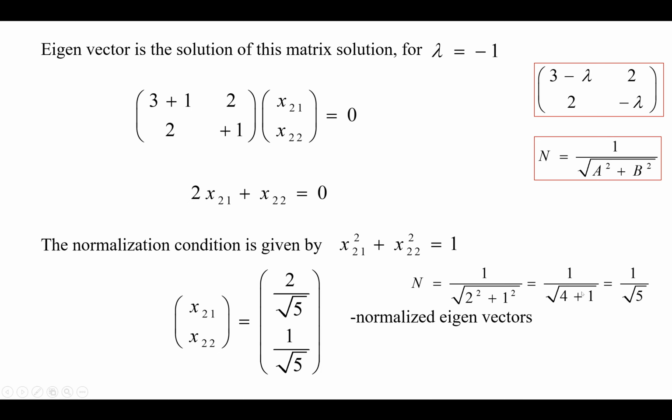The answer is 1 divided by root of 4 plus 1, which is equal to 1 divided by root 5. We used N equals 1 by root of a squared plus b squared as the normalization constant. Now the eigenvectors x21 and x22 are given as 2 divided by root 5, 1 divided by root 5. So this is what we expect.